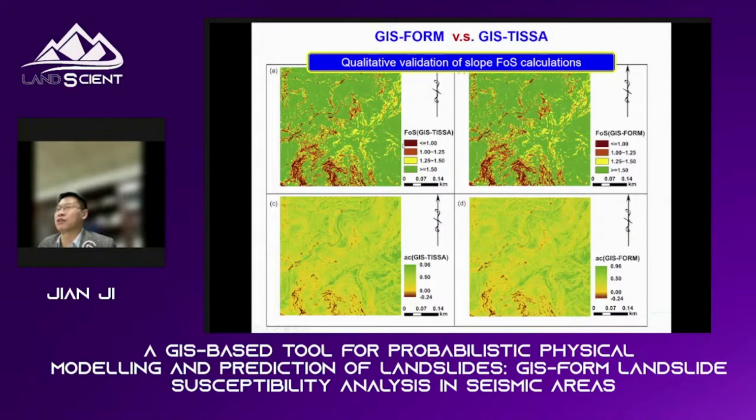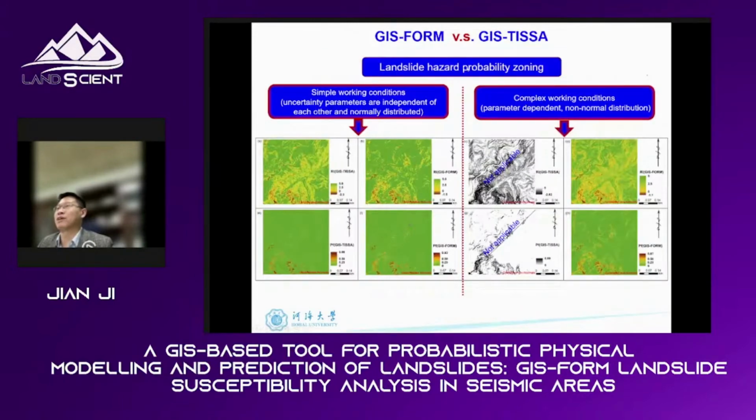Either in terms of the factor of safety or the seismic acceleration for earthquake-based landslide analysis, and also for the hazard mapping, where we are more interested in the failure probability.